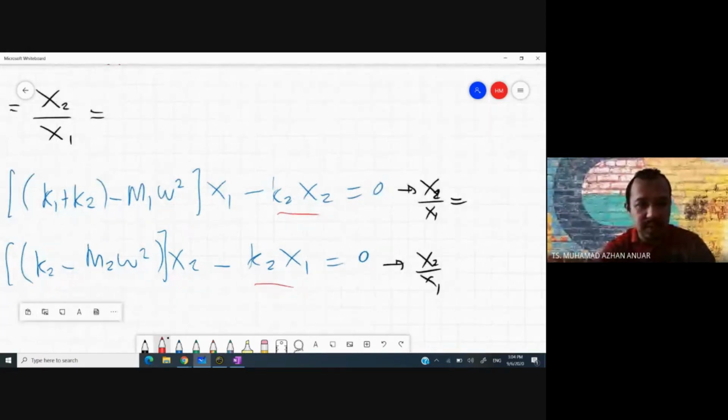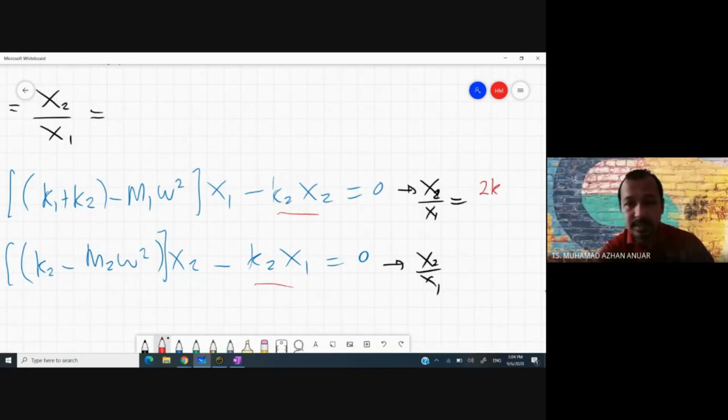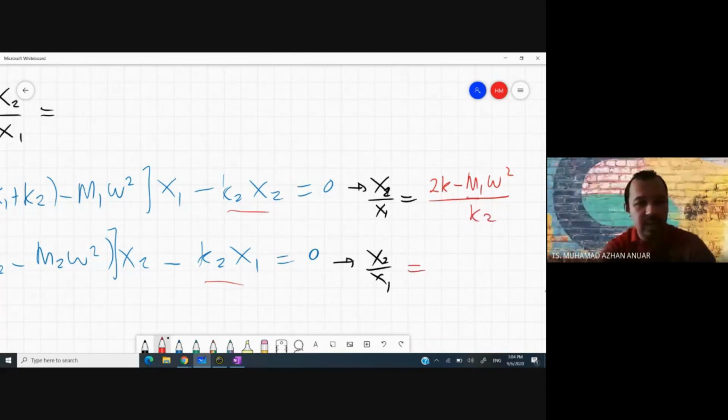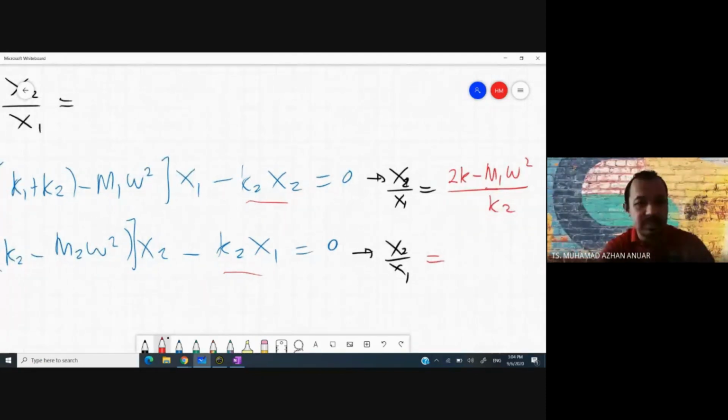So for the first one, x2 divided by x1, let's substitute k1 and k2 as k and m1 as m. So you should get (2k minus m omega square) divided by k2. From here, x2 divided by x1, you should get k.